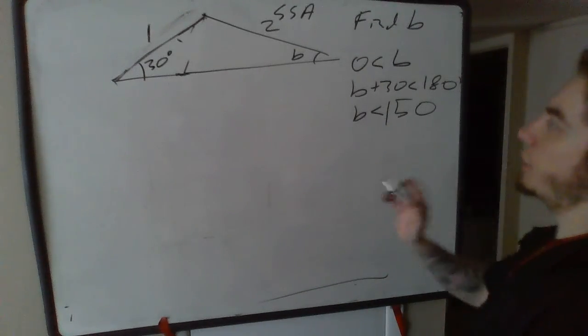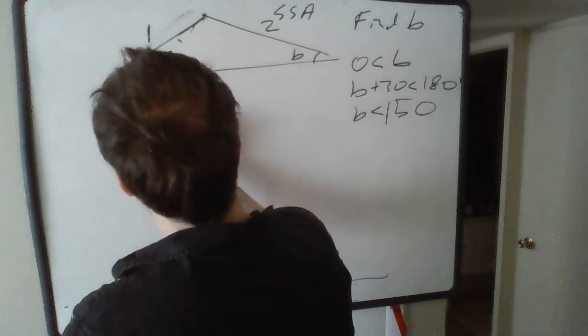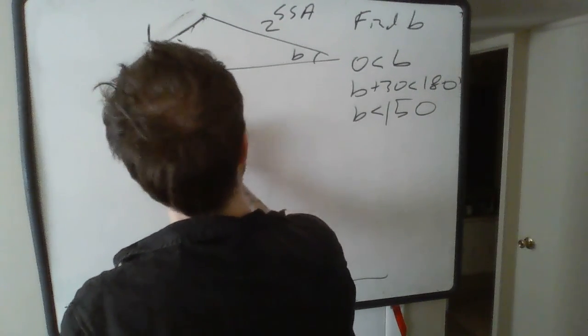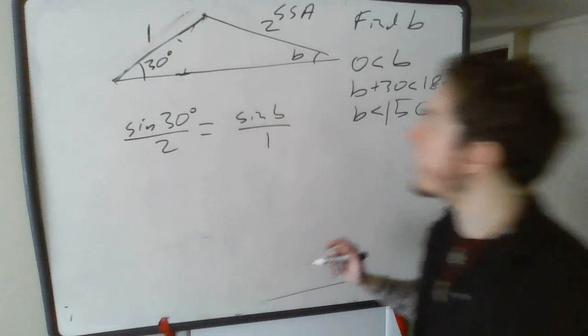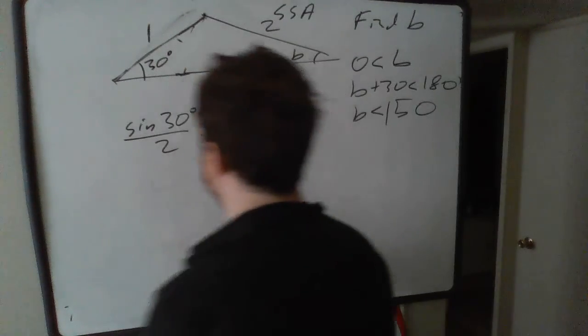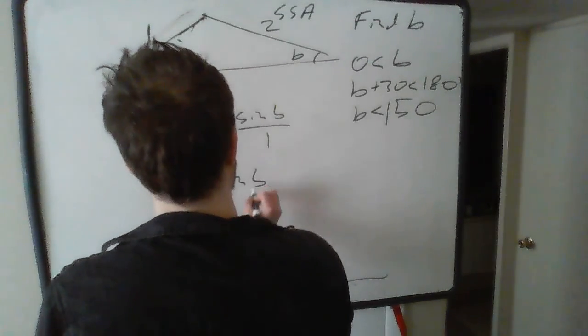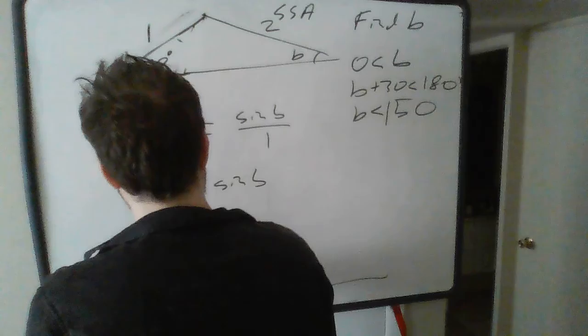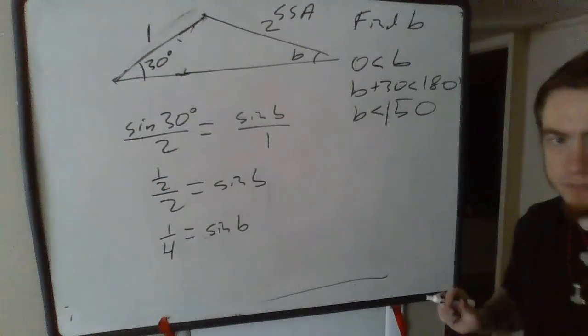So I can say, again, sine of 30 degrees divided by 2 has got to equal sine of B divided by 1. And this means 1/2 divided by 2 equals the sine of B. That tells me 1/4 equals the sine of B.